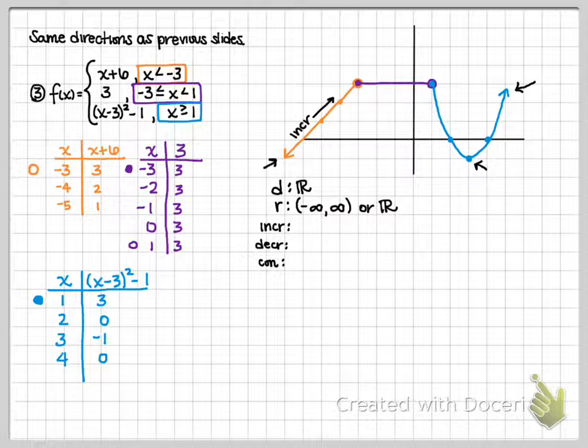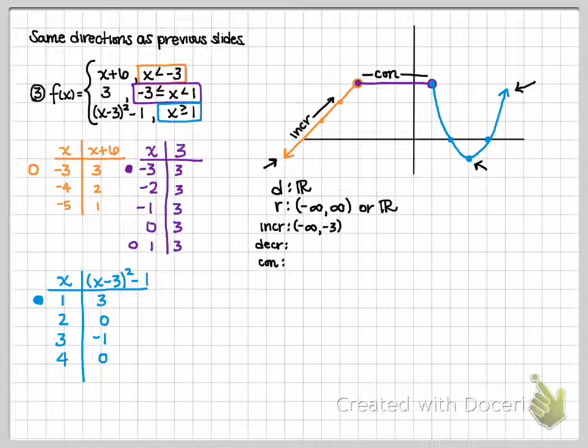So I'm going to be increasing from negative infinity, far to the left, as I get super close to that x value where the orange and the purple come together. Remember, it's about the x value. The x value where the orange and the purple come together is negative 3. As soon as it hits negative 3, it's going to stay constant.